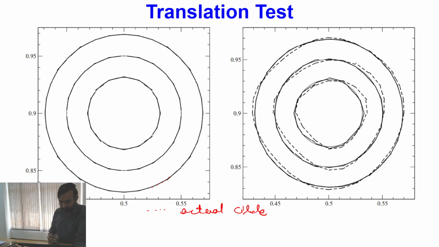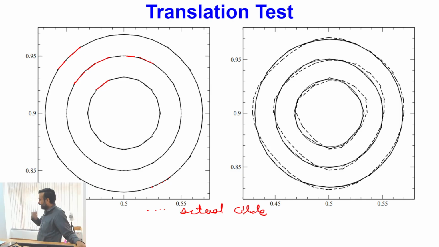Then you have one thick line represented in the form of steps, which are nothing but the different PLIC lines constructed on the interface.